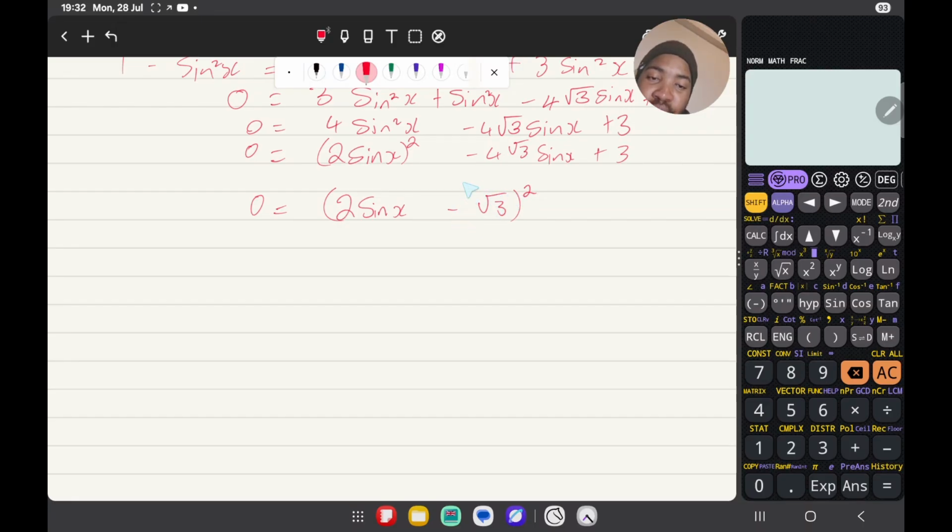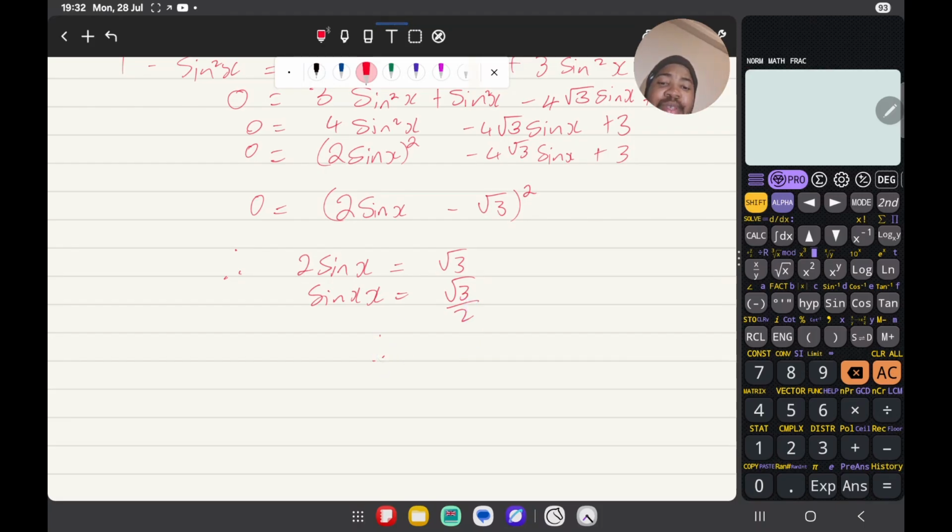Then you square this, that is a plus 3. So that means you're going to have 2 sine x equals root 3, so sine x equals root 3 over 2, right? And then that means x is going to be what?